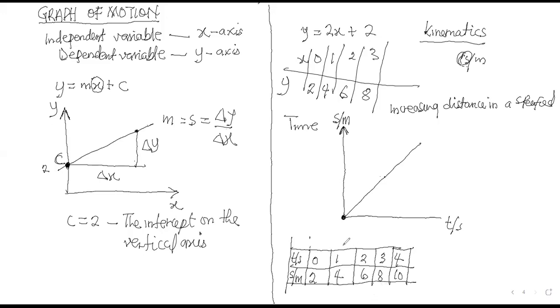When you plot such motion, at time t equal to 0, the distance covered must be 0. So 0, 2, 4, 6, 8.